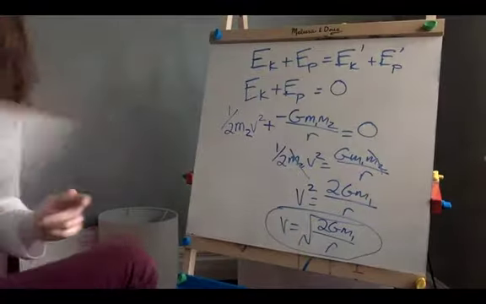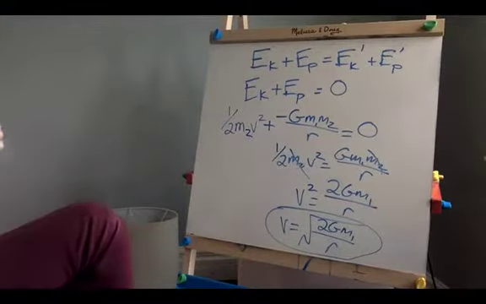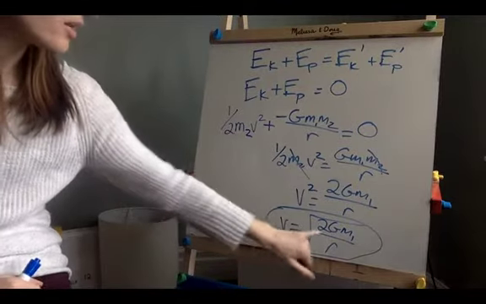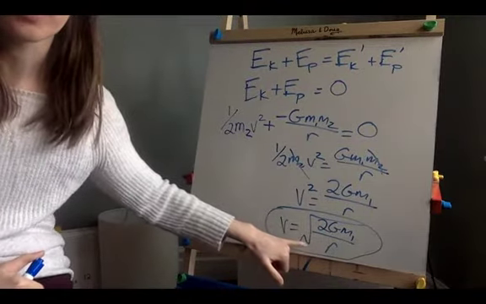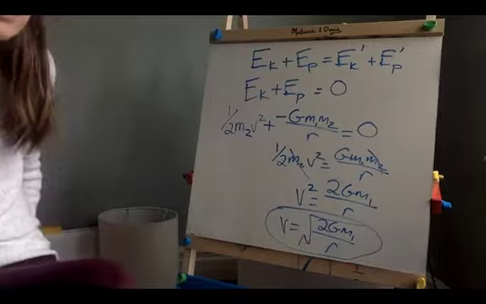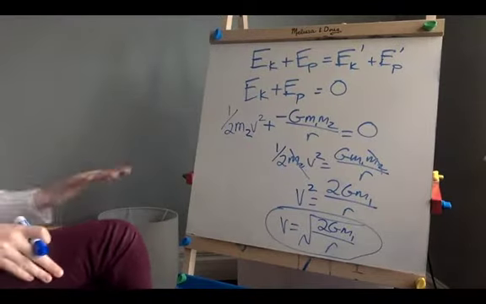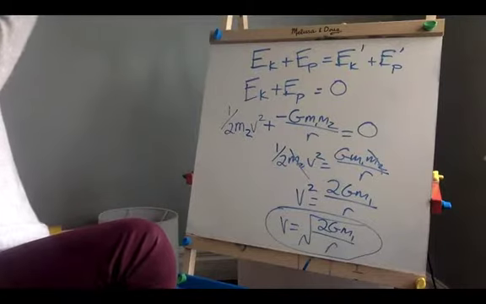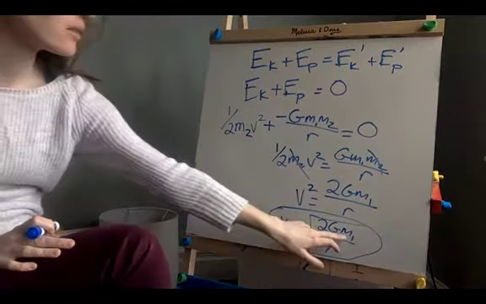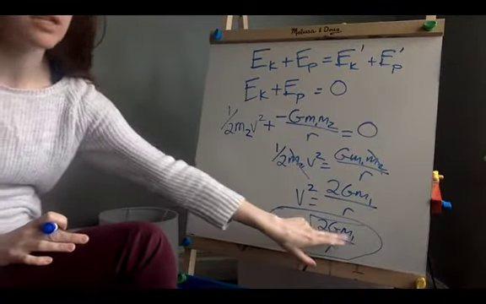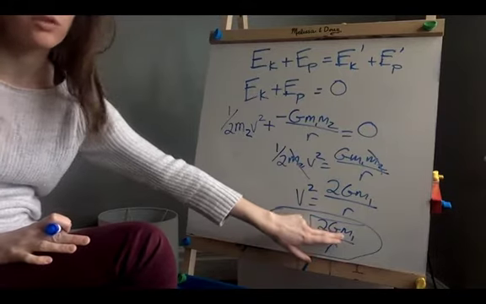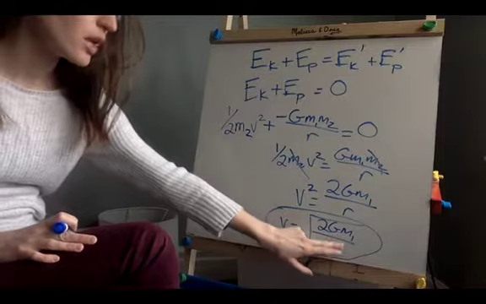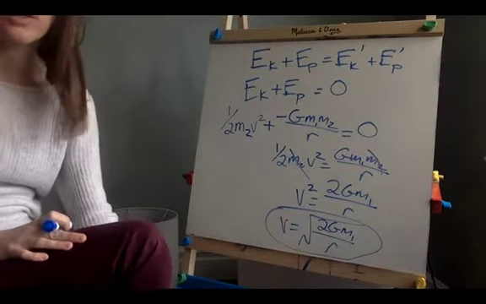What I also want you to notice at this point is that your escape velocity does not contain m2 in the formula. So it doesn't matter what the mass is of the thing that we're trying to send into space so that it can escape the Earth's orbit. That mass is kind of irrelevant. The velocity is dependent more on the radius of the surface you're trying to escape from, and the universal gravitational constant.